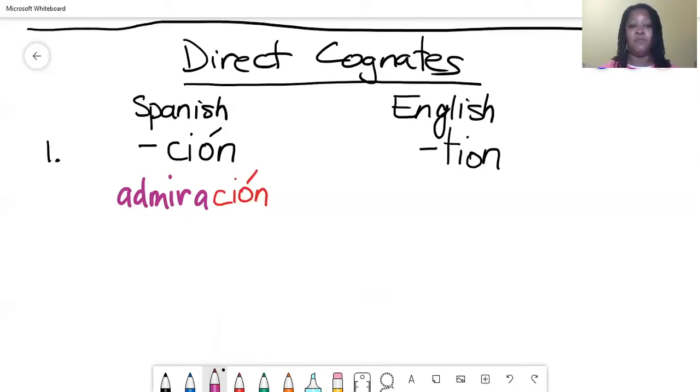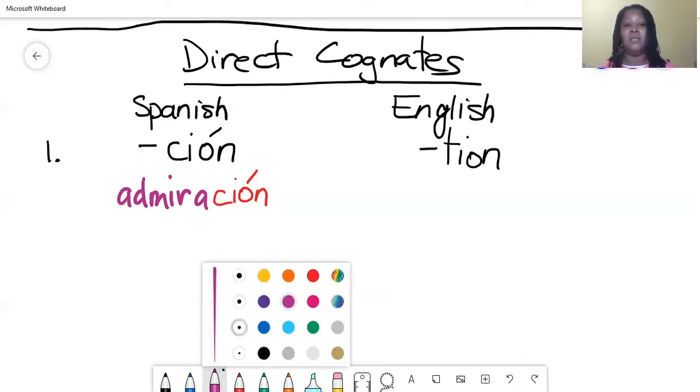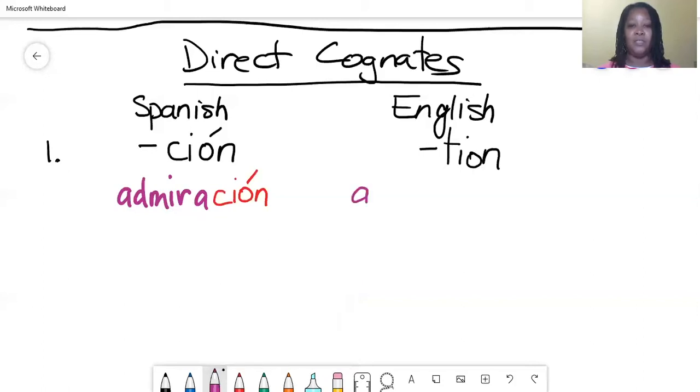Now, if the rule says if it ends with C-I-O-N, it correlates or is equivalent to T-I-O-N, it therefore means we can take it over to the English column and do this. And then that C-I-O-N becomes T-I-O-N. And so admiration, admiration. Let's look at another.